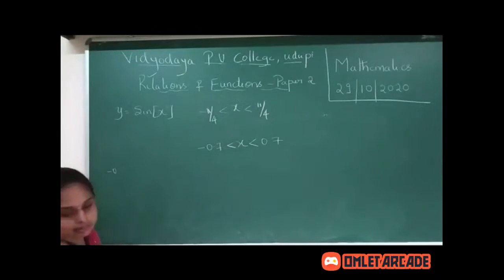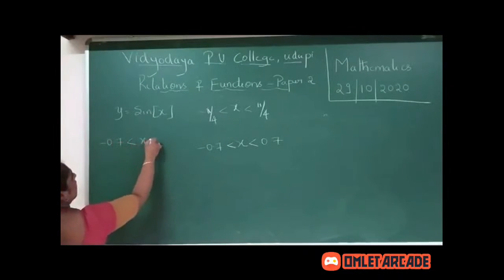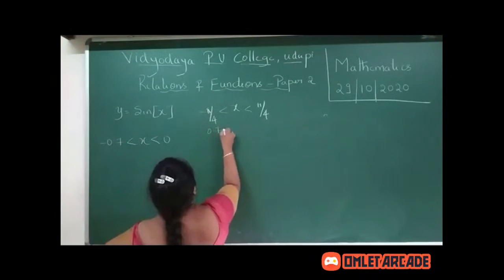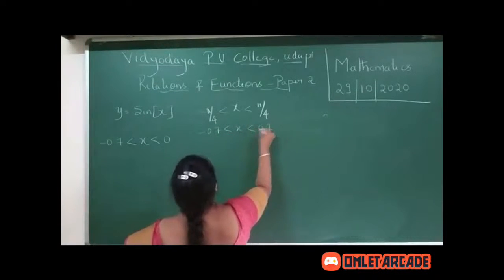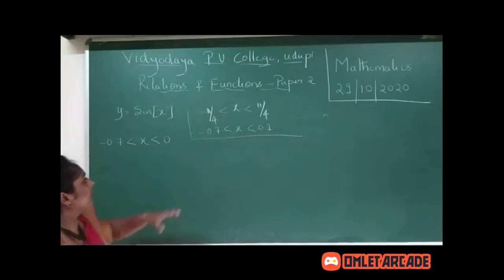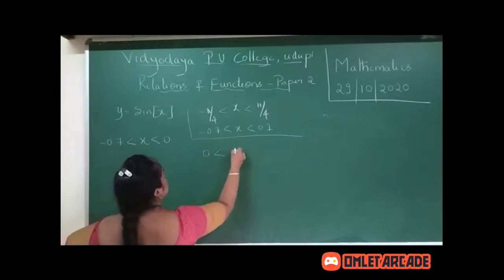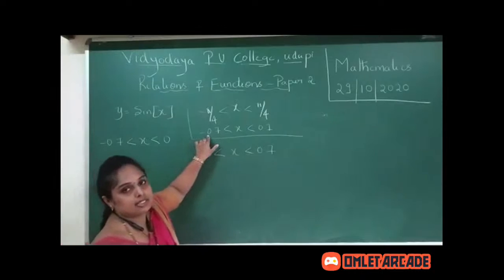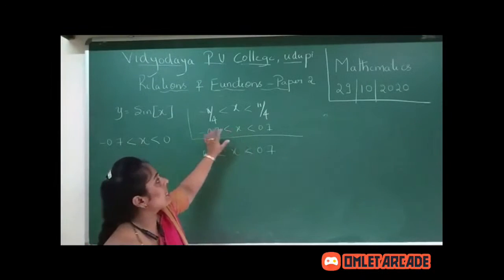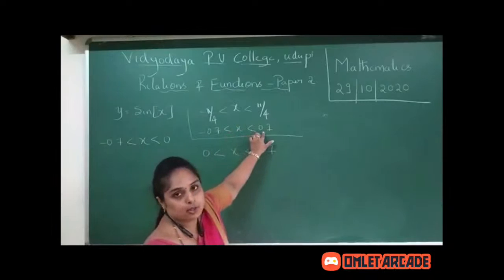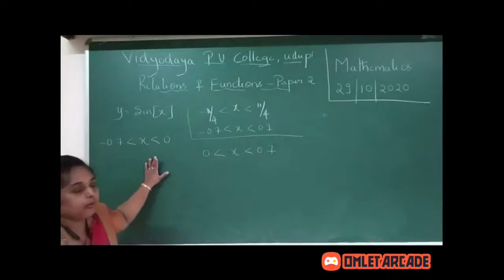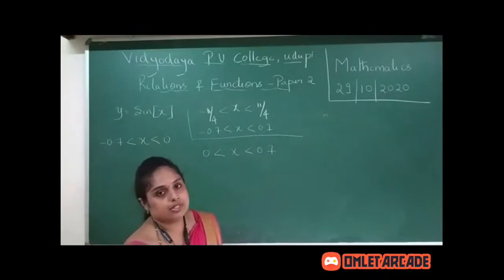Minus 0.7 less than x less than 0, and the other part is 0 less than x less than 0.7. I have split x lying between minus 0.7 and plus 0.7 into x between minus 0.7 and 0, and x between 0 and plus 0.7.